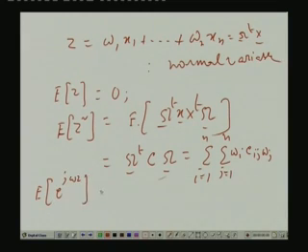There is a characteristic function of Z. It is nothing but e to the power minus sigma z square omega square by 2, where sigma z square is this expression, omega transpose C omega.